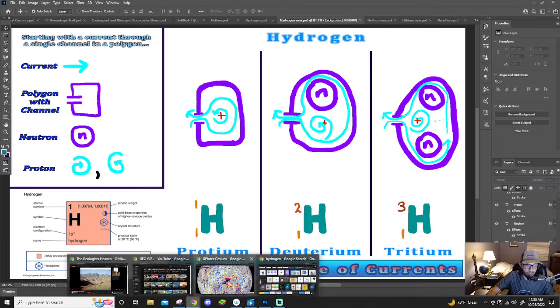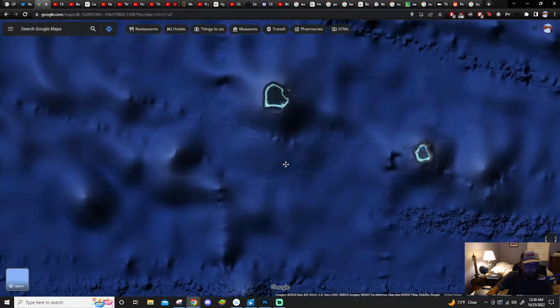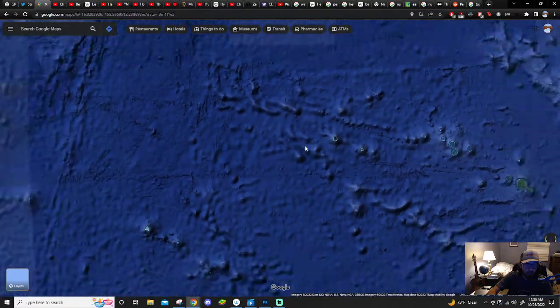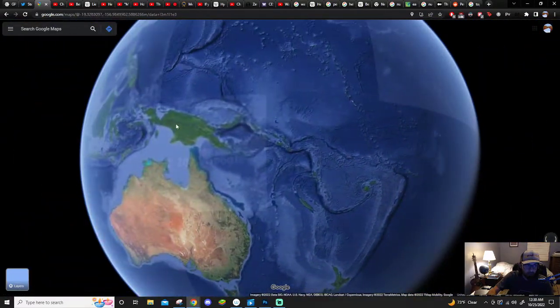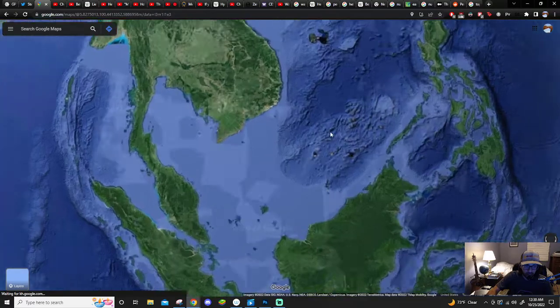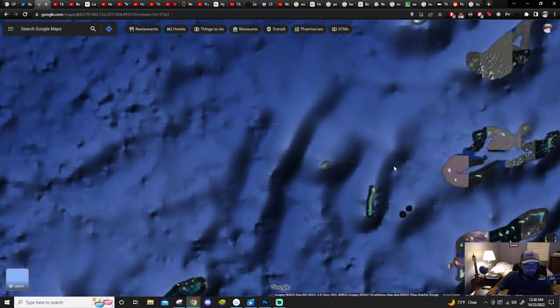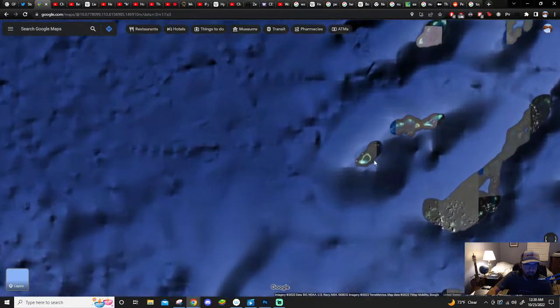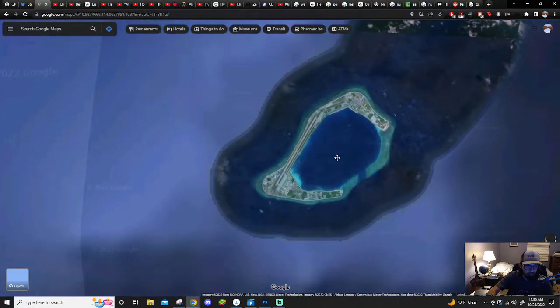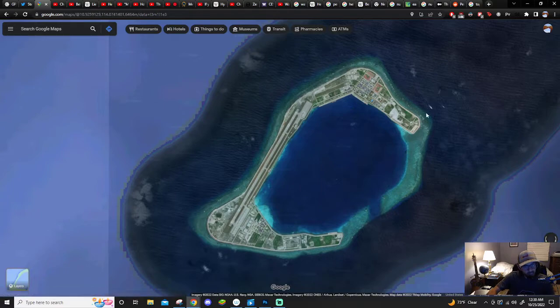A good example is this island in the Pacific over here, that I can think of. I think it's up here. Here it is. It's got straight-ish sides. Maybe it's not quite a square, but straight-ish sides, with a more rounded interior.